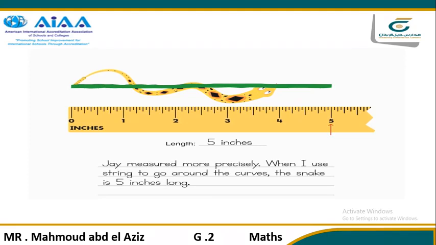Look for students to explain that J measured more precisely because, when they use string to take into account the snake's curves, the length is 5 inches. These students demonstrate that they understand how to measure length with precision and clearly explain why a measurement is precise. Attending to precision when measuring is a valuable skill for students to develop.